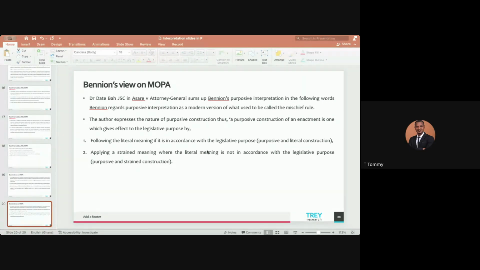Any other questions, concerns, clarifications, additions? Yes, Eugenia. So I would like to ask, with the objective in ascertaining the objective, is it only limited to the time of enactment, or can you also look at it at the time of interpretation, since we are talking about modern purposes? Come again.